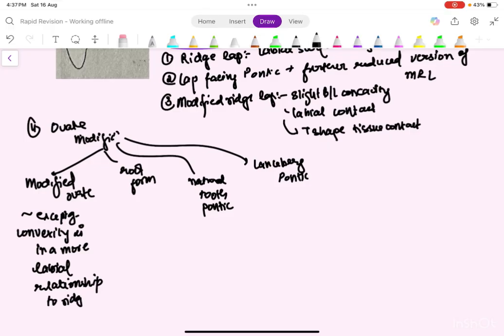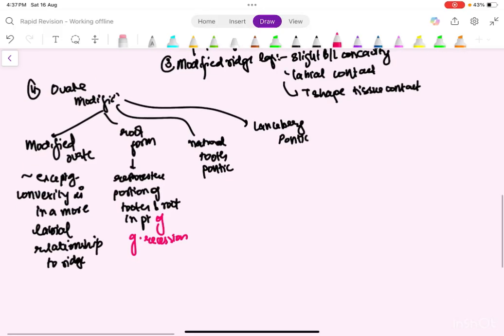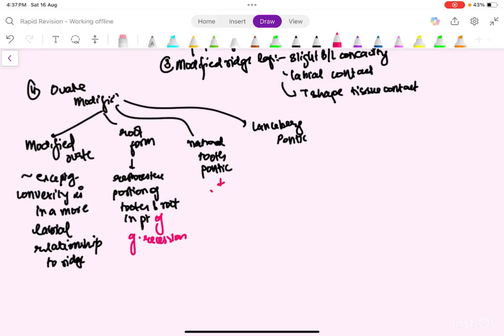Then root form, basically it restores the portion of tooth and root in patients with gingival recession. Natural tooth Pontic is basically used to replace the crown of an extracted tooth.